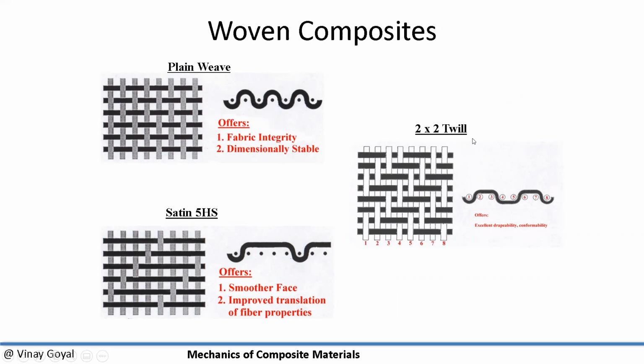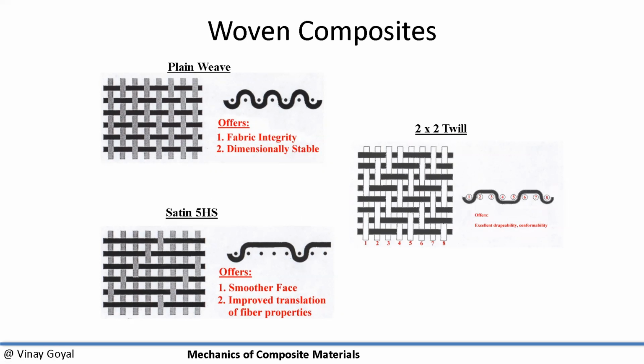While a 2x2 twill also provides even more drapability. And when I say 2x2 twill, what I'm talking about is two up, two down, and so forth. When I talk about satin harness, it's great for drapability as well, with a smoother surface and improved translation of fiber properties.